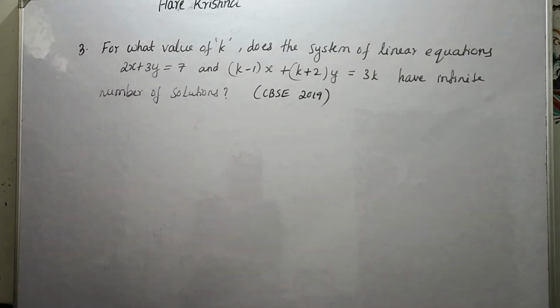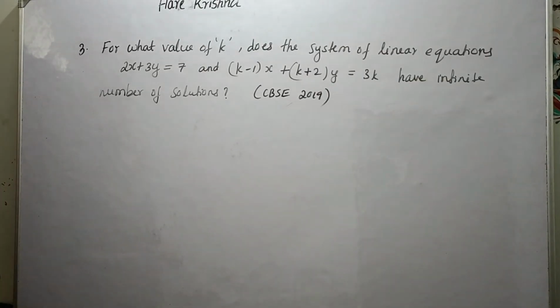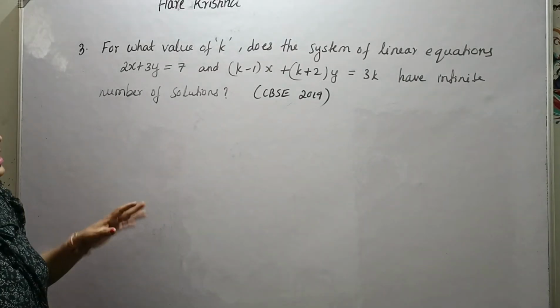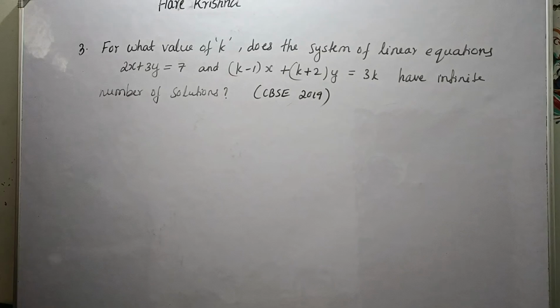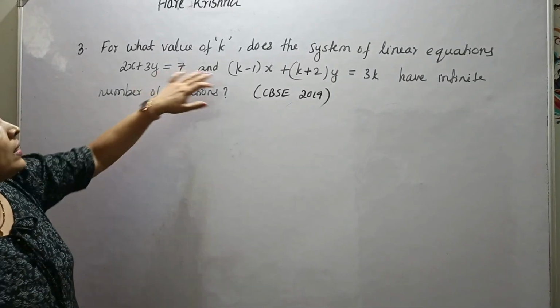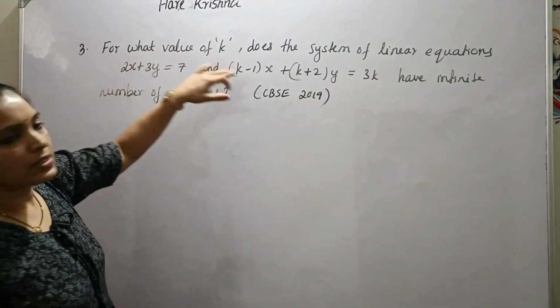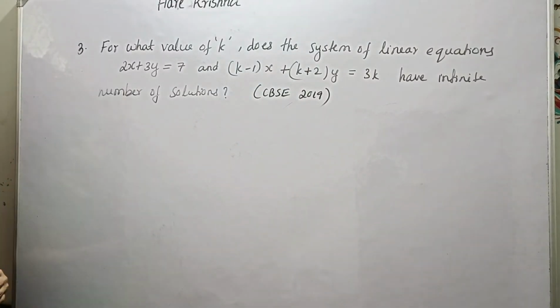For what value of k does the system of linear equations 2x plus 3y is equal to 7 and (k minus 1)x plus (k plus 2)y is equal to 3k have an infinite number of solutions? Here we have to find the value of k if this system of linear equations has an infinite number of solutions.